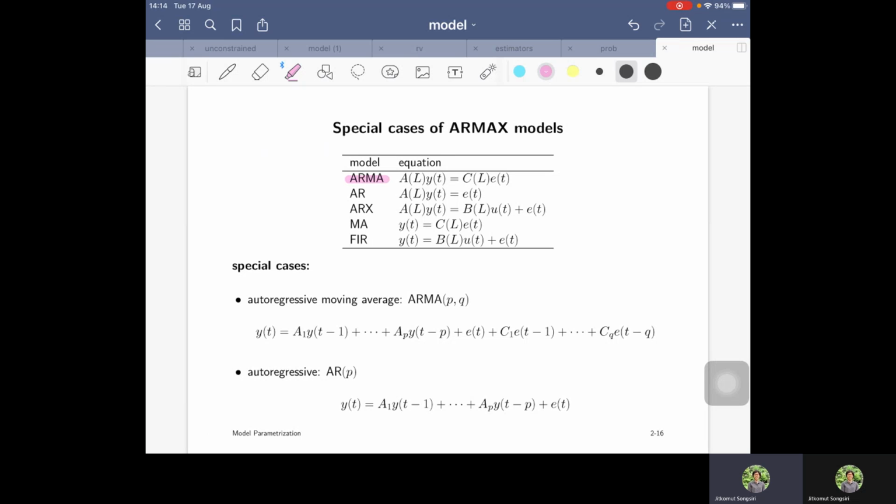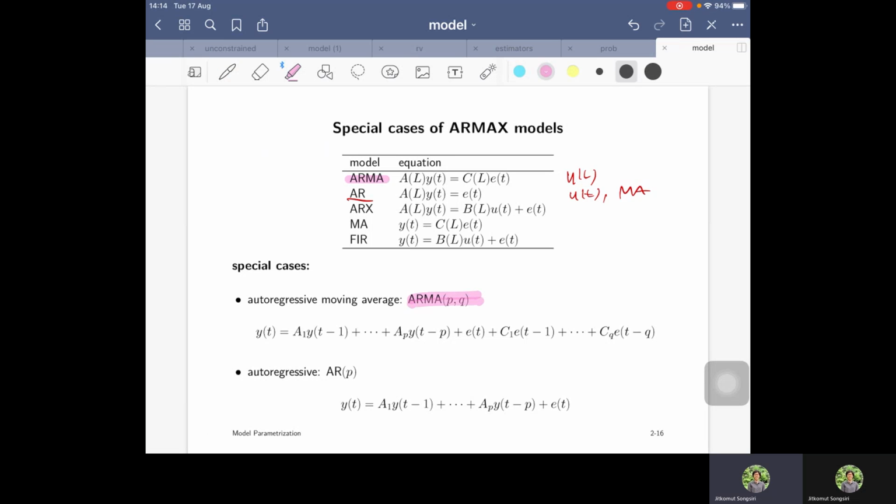The first one, the ARMA process, is the one without the U term. The AR process is the one without the U term and without the moving average one. So let's see them one by one.